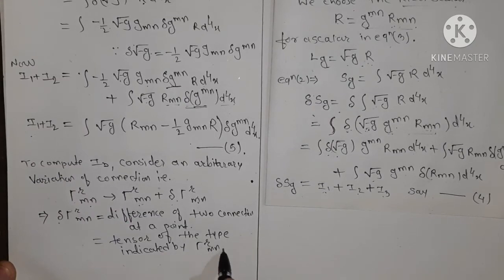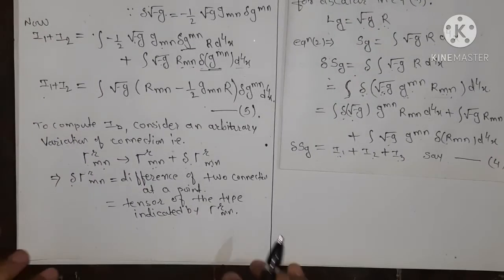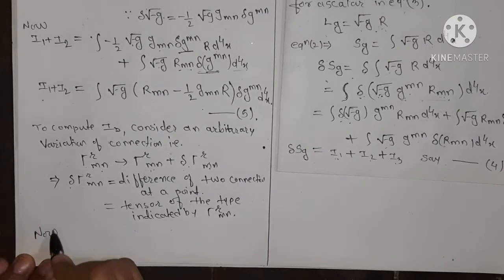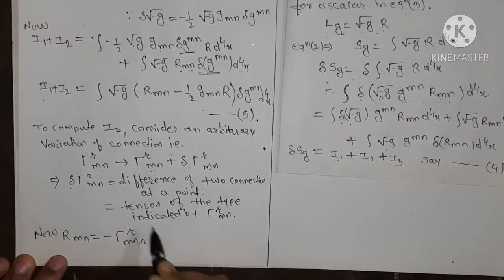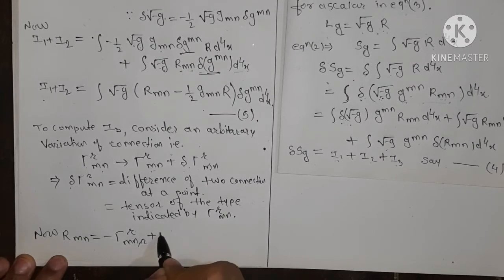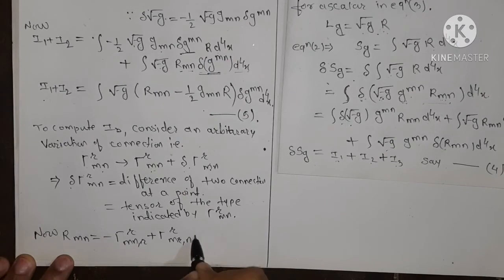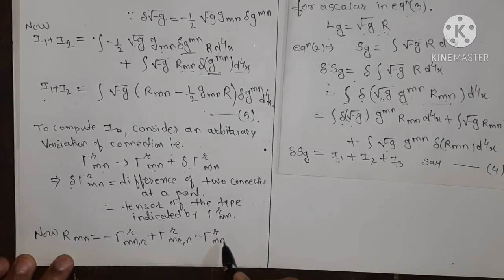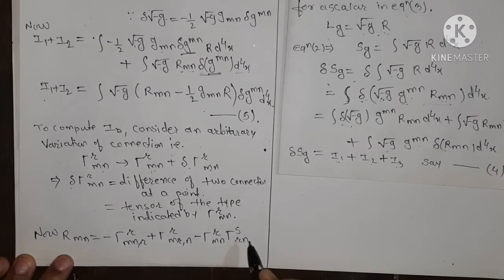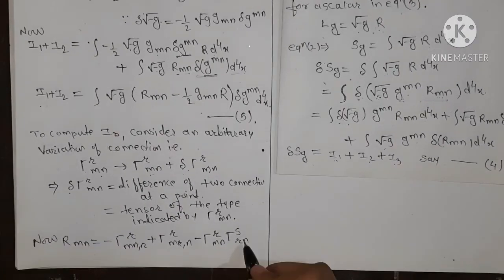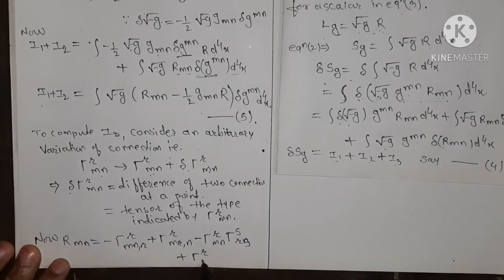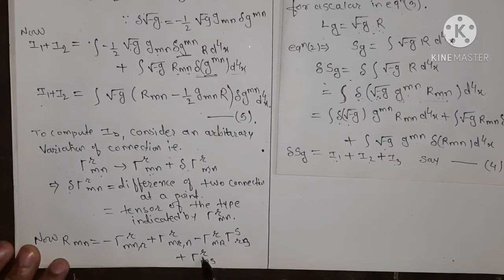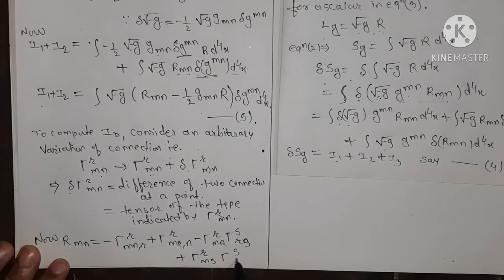gamma^r_mn, and by the formula of R_mn, now R_mn is equal to minus gamma^r_mn comma r, we are changing this pattern here, that is we are changing the ordering, so it is plus gamma^r_mr comma n minus gamma^r_mn gamma^s_rs plus gamma^r_ms gamma^s_rn.